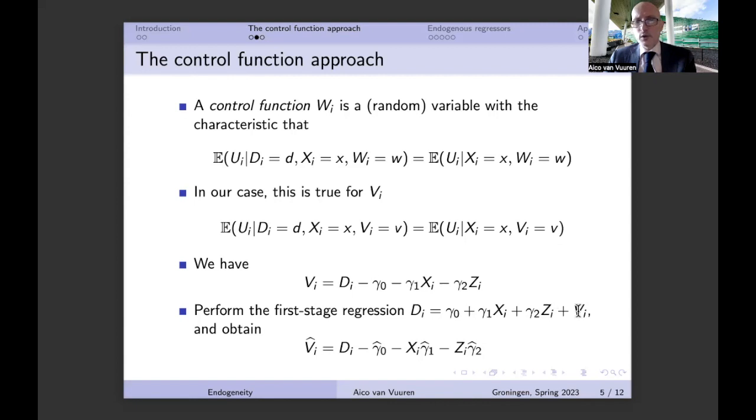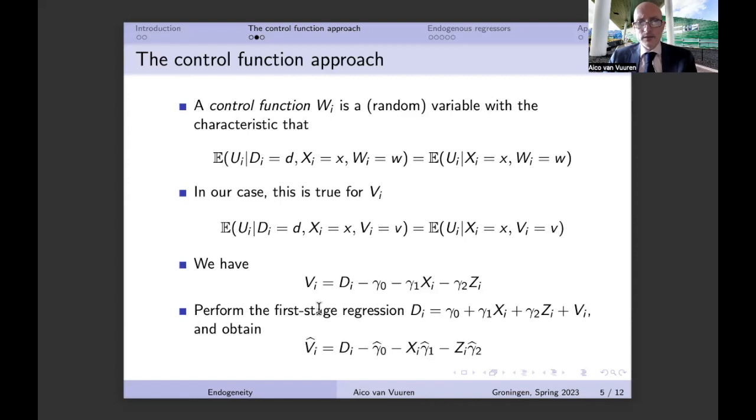Given that we know that Vi is uncorrelated with x and z, we can simply run a regression of d on x and z and get consistent and unbiased estimators of gamma 0, gamma 1, and gamma 2. But that, of course, implies that we can also get a consistent and unbiased estimator of Vi hat.